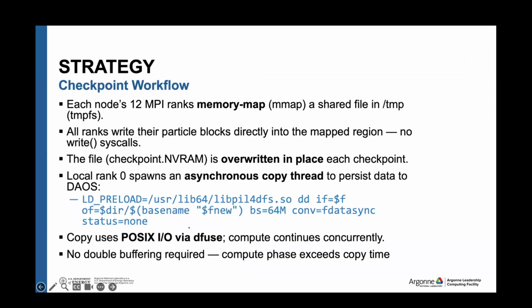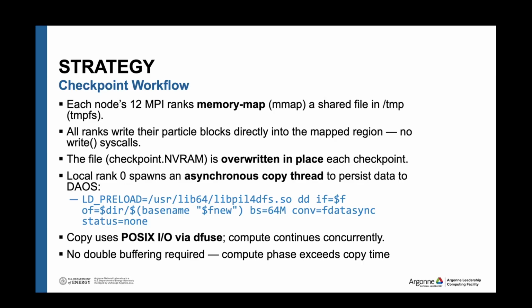So, a little more explicit about exactly what that workflow looks like. Like I said, 12 MPI ranks use this memory map, or mmap. And this is baked into the IO library that we use in the code to basically overwrite.